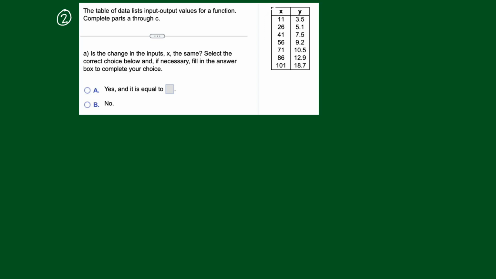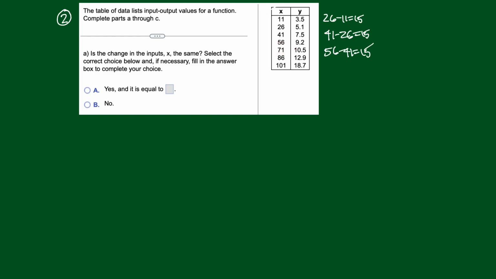So what about the increment from 11 to 26? All right, so we would compute that like this. What is 26 minus 11? It's 15. Now go to the next one. What is 41 minus 26? That's 15. Then 56 minus 41. That's 15.